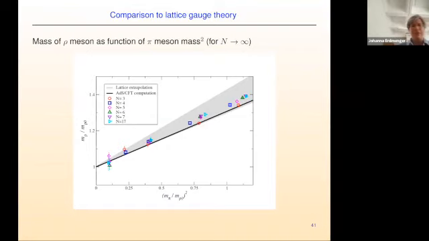In lattice gauge theory, space-time is discretized, and then people can calculate, for instance, these meson masses as well. Here in this picture, there is a comparison between the methods. Lattice gauge theorists are people working in QCD, and this is a very well-established and very successful method.